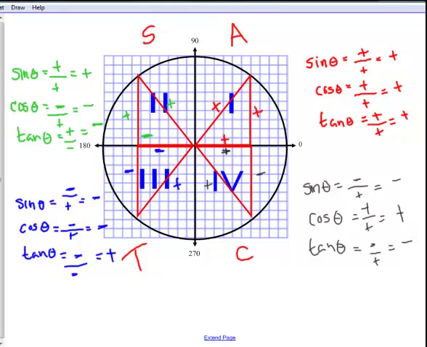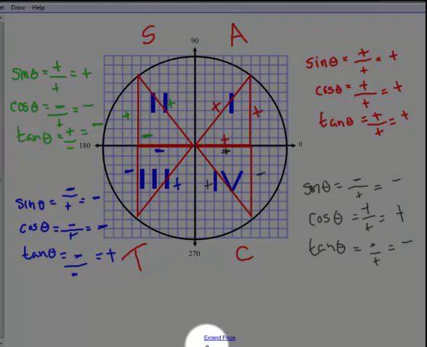Now, have you figured out what the ASTC stands for? All right, it tells you who's positive in each quadrant. So, in quadrant 1, A, everybody is positive. In quadrant 2, it's S. Only sine is positive.